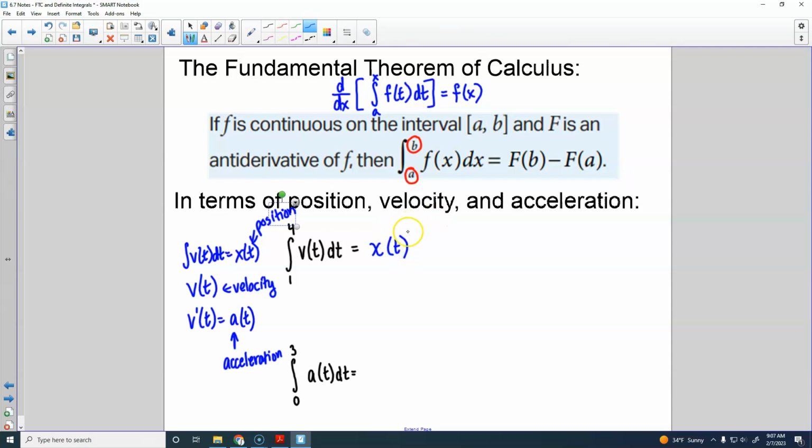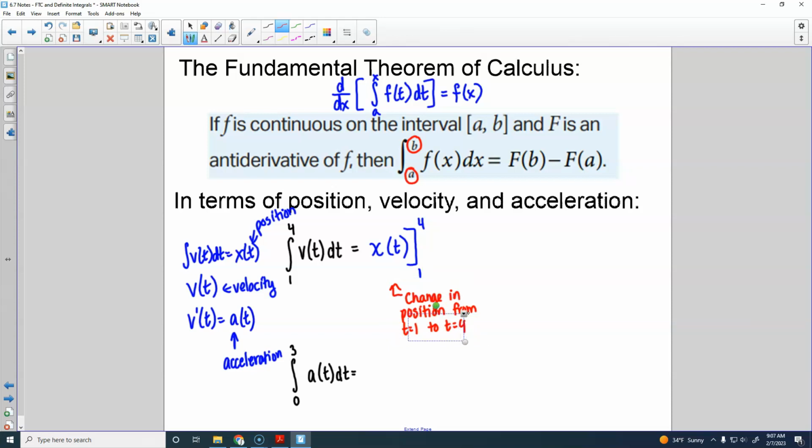And then the way that we're going to denote this sometimes is we're going to put this bar right here, and we still put our limits here from 1 to 4. So what this means is the change in position from t equals 1 to t equals 4.